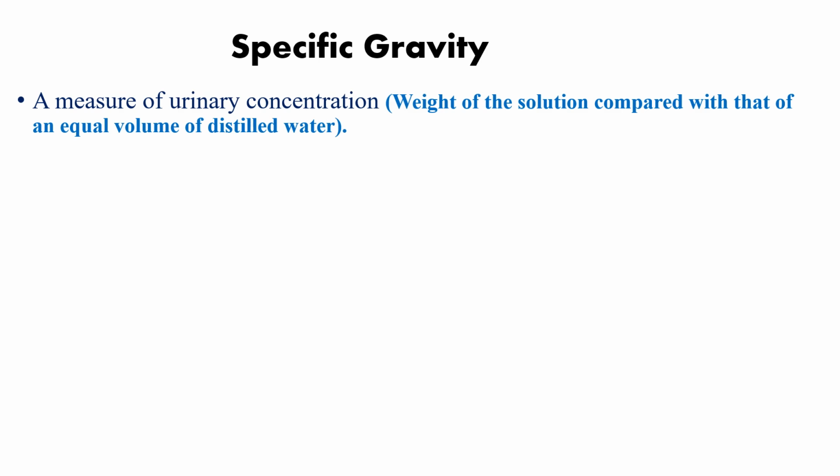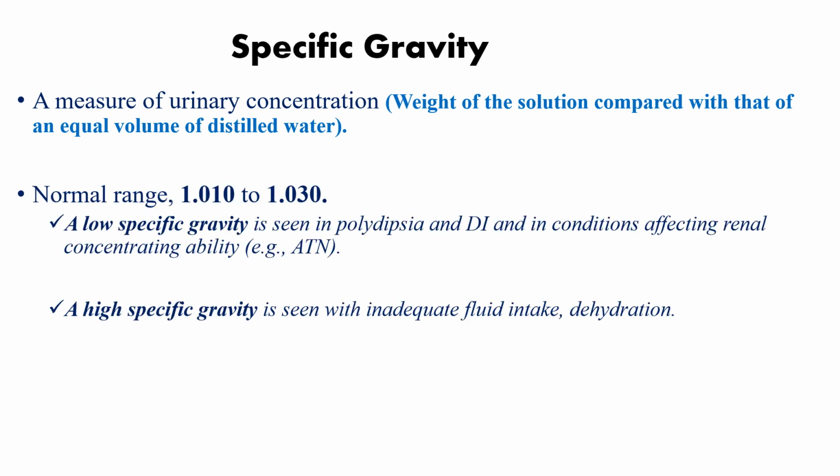A measure of urinary concentration, which is called specific gravity, is the weight of the solution compared with that of an equal volume of distilled water. Normal range is between 1.01 to 1.013.